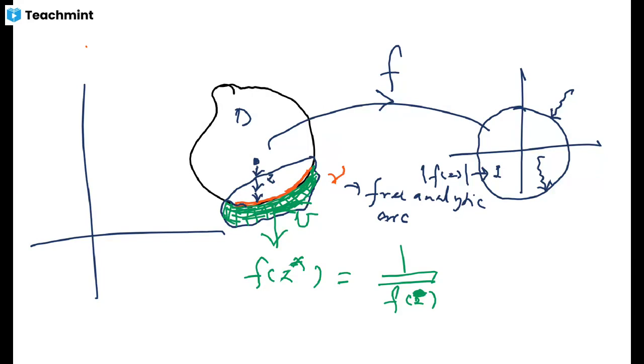So this is the context, this is the idea, and how we are going to deal with it. Let's fix some point on this gamma, and consider the conformal map.